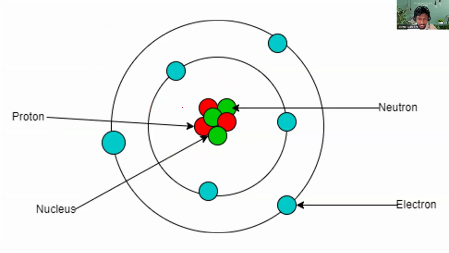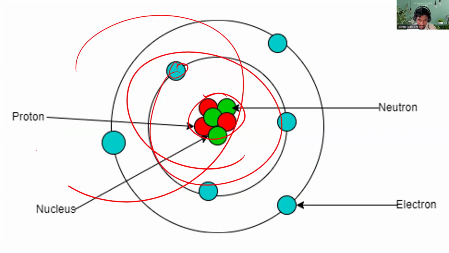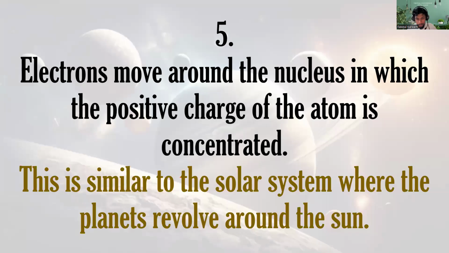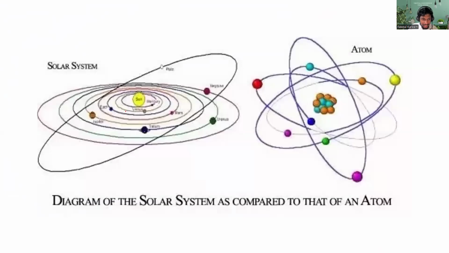They compare this system to the solar system. Here, at the center, we have the sun, and all the other planets revolve around the sun. Same like that, we have the nucleus at the center.